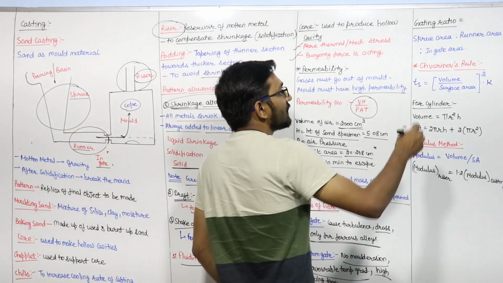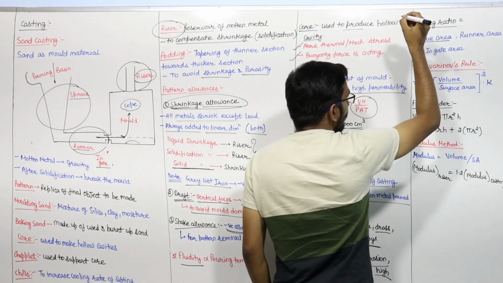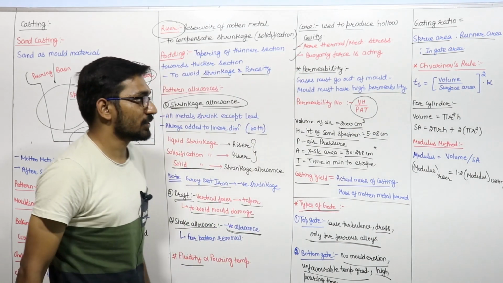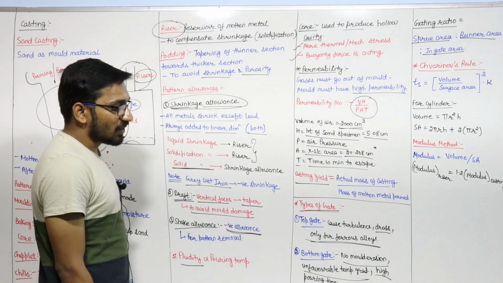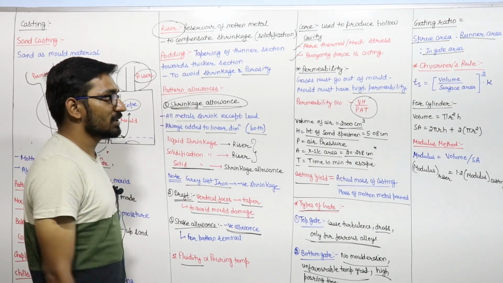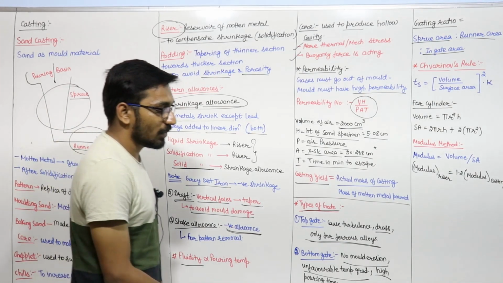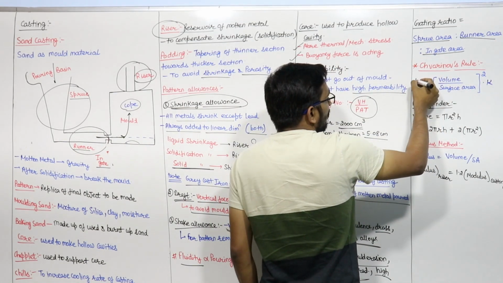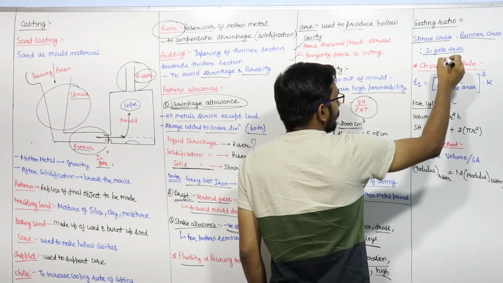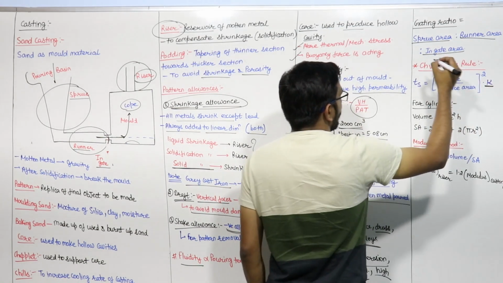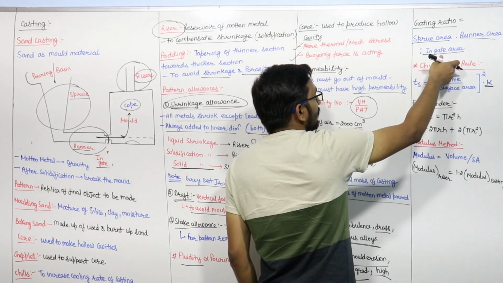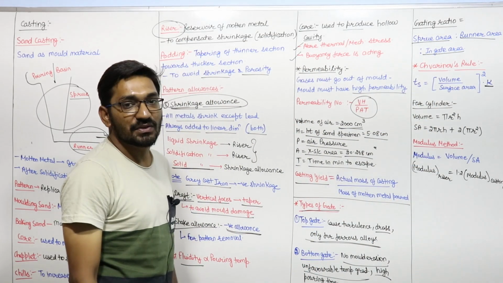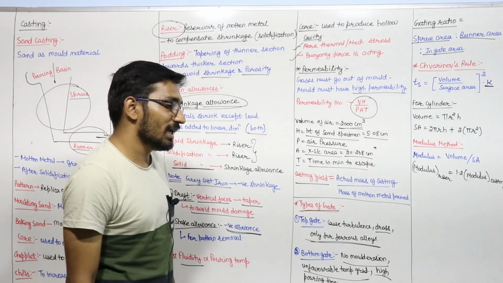Gating ratio is the ratio of area of sprue to area of runner to area of gate. This is the gating ratio. Next is the solidification time, how much time it will take to solidify a casted product in the mold cavity. Here the rule is that the solidification time is equal to K times the volume of the mold cavity divided by the surface area squared, where K is some constant.